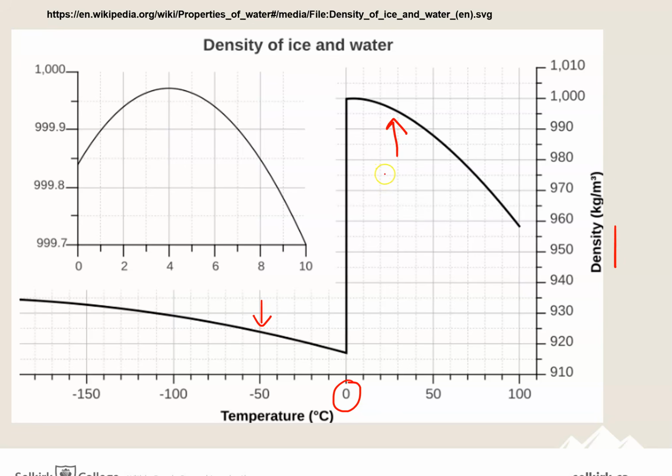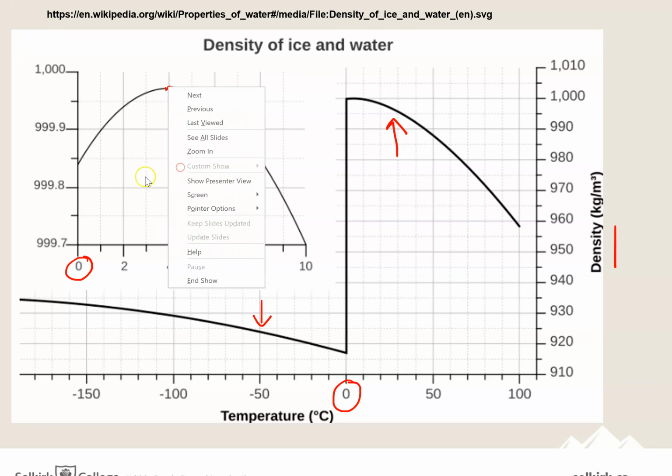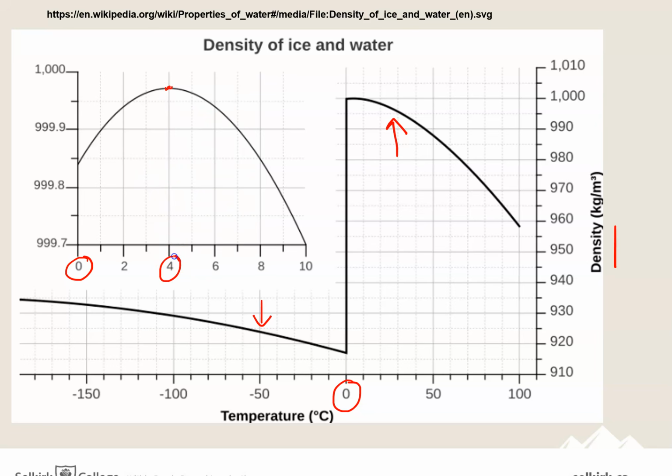Another thing that you can see here, which is not my main point, but interesting anyway, is that the density of water and ice are not constant. They depend on the temperature. The density of liquid water above 0 degrees Celsius actually is at a maximum at 4 degrees Celsius.